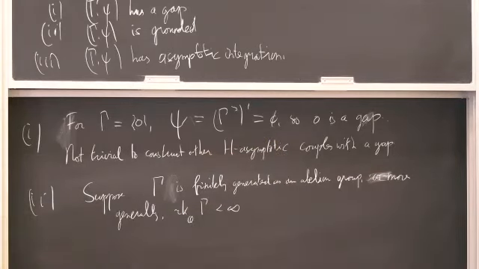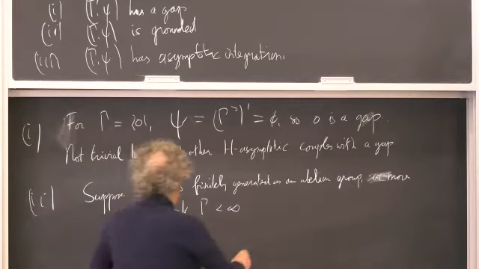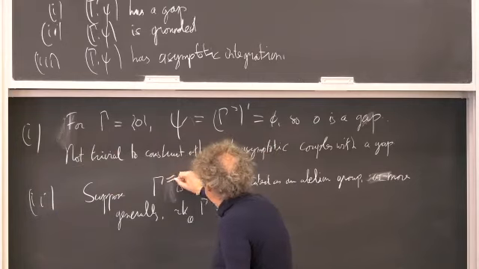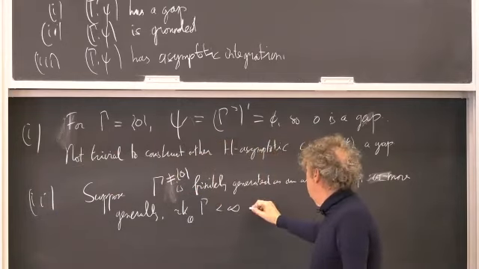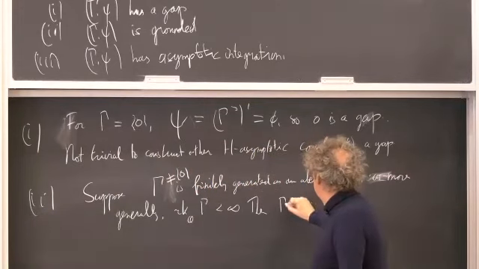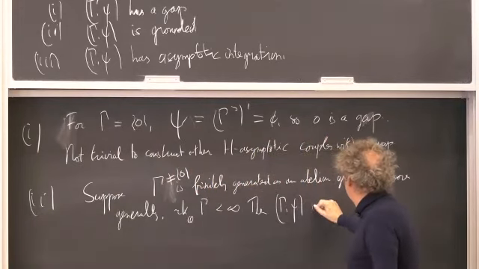This means that if you go to the divisible hull, so that it becomes a vector space over Q, its vector space dimension over Q is finite. And of course gamma is not trivial, otherwise you would be in the first case. Then gamma psi is grounded.